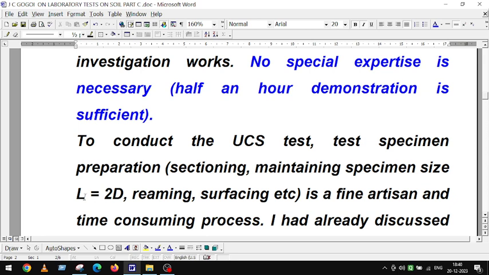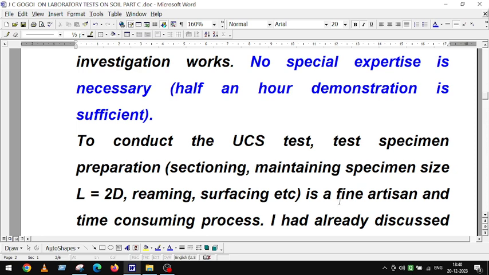Length is proportional to twice D. Sectioning, maintaining specimen size, trimming, surfacing, etc. These are very fine artisan and time-consuming processes.